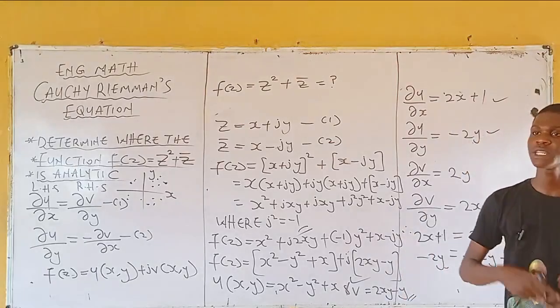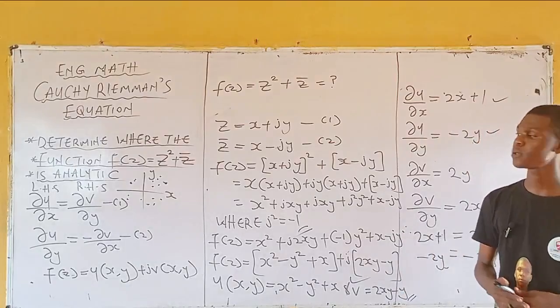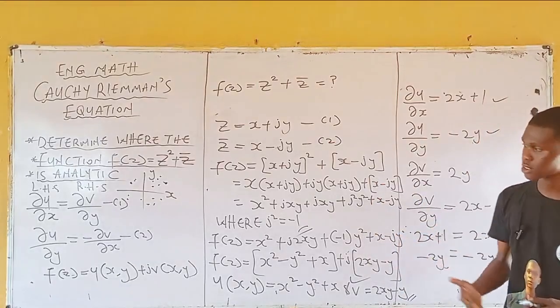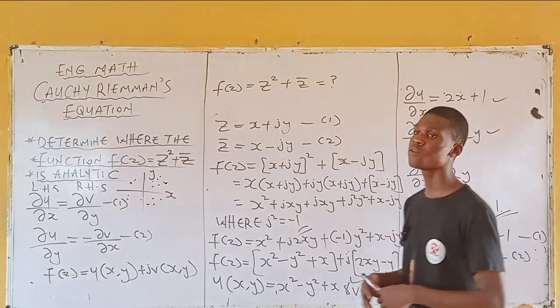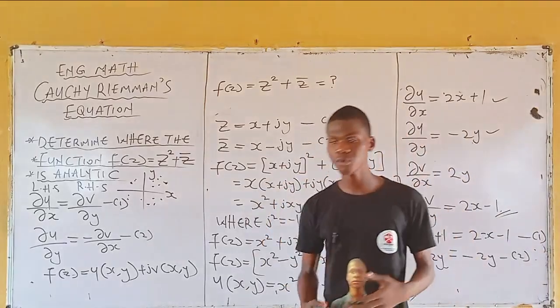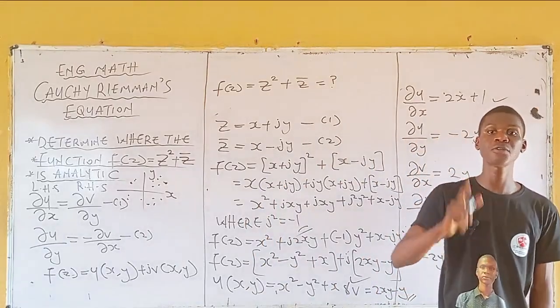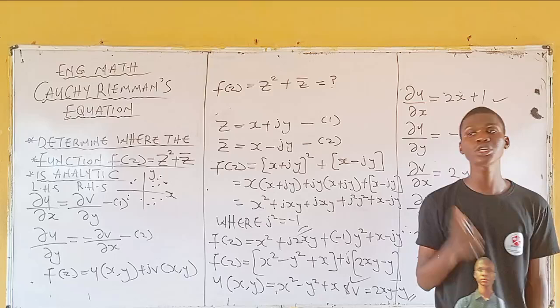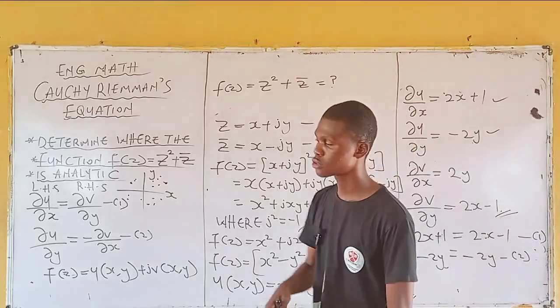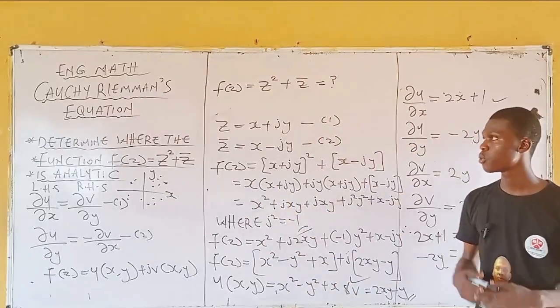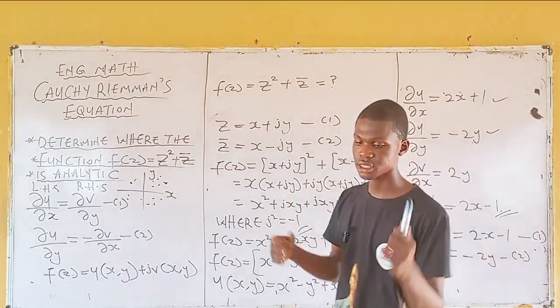Then we've solved different types of problems, meaning given a question, we can solve it. Then lastly, we've also seen the concept behind the harmonic conjugate of a real valued function. So this is all we need to know when it comes to Cauchy Riemann's equation.